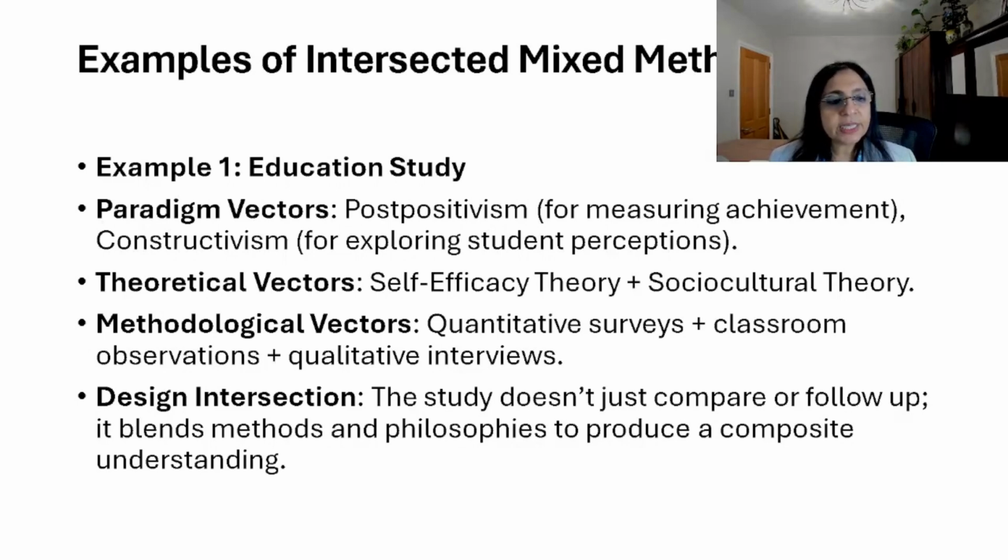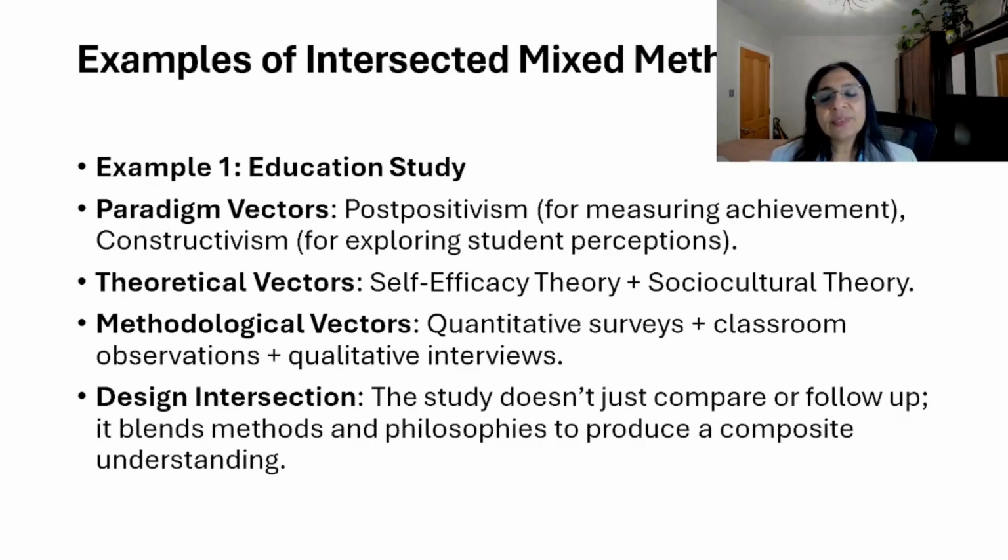Example 1 from education. Paradigm vectors are post-positivism for measuring achievement, and constructivism for exploring student perception. Post-positivism is mainly a quantitative paradigm. Constructivism is for exploring student perception, but this is beyond data. It is the paradigm or the philosophical understanding.